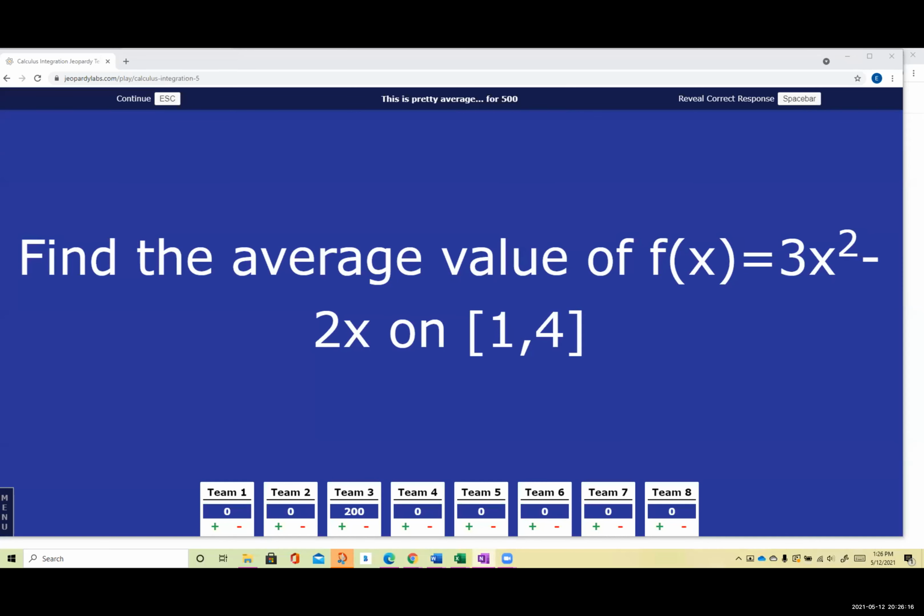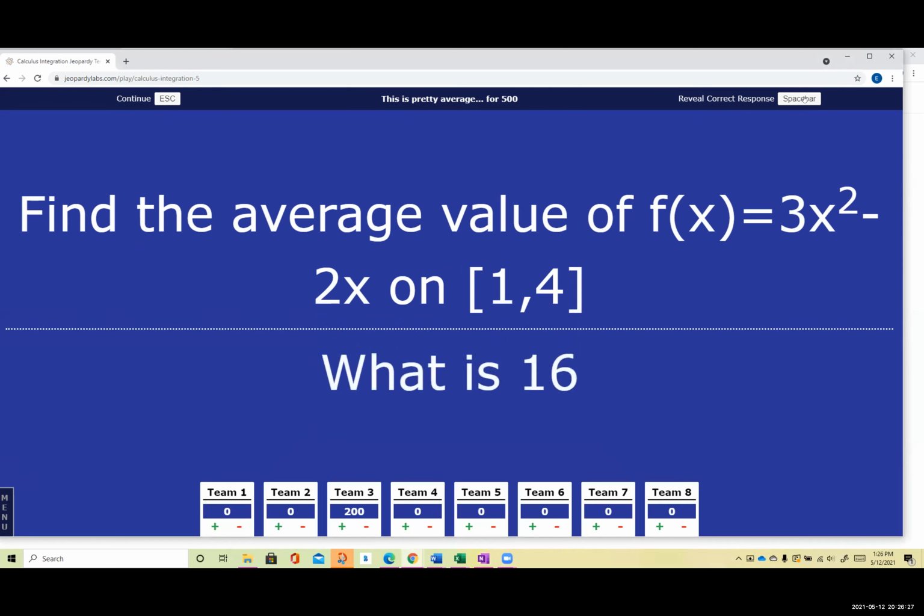Okay, so we had an answer come up, actually a couple of them, of 16. So we're just going to reveal the answer really quickly. And what is 16 is correct. And so there were two people that got that. Let's just give them both. I don't know if we can actually give them both the points.